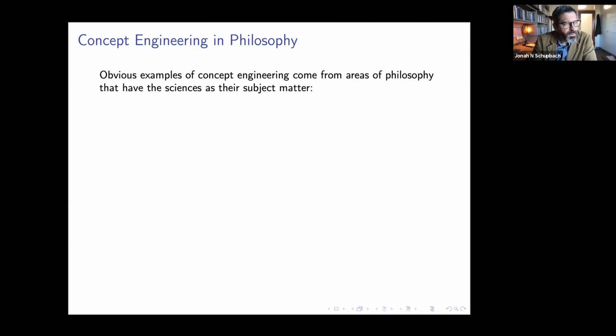And so when we develop a new logic, for example, we're hoping that this logic is truly guiding our reasoning in ways that allow us to satisfy such epistemic ends. Similarly, when we're doing the philosophy of the special sciences, we're often interested in developing new concepts that will advance those sciences and that will allow those sciences to work more efficiently and make discoveries more efficiently and more accurately, right? So at least that's the idea.